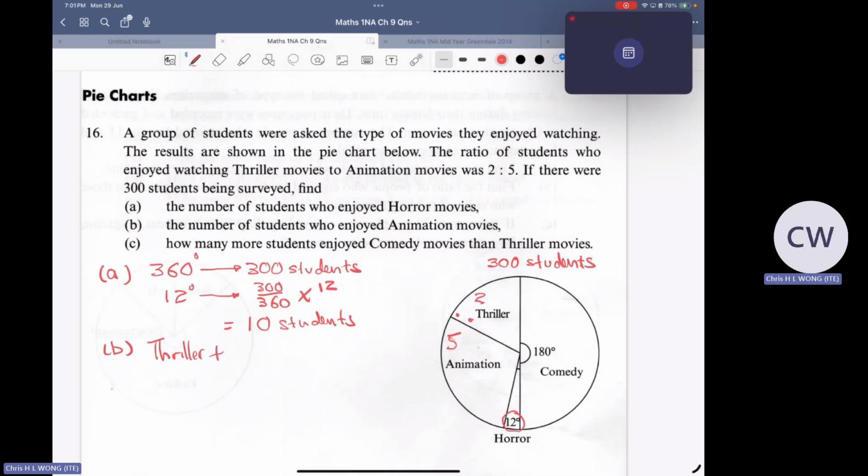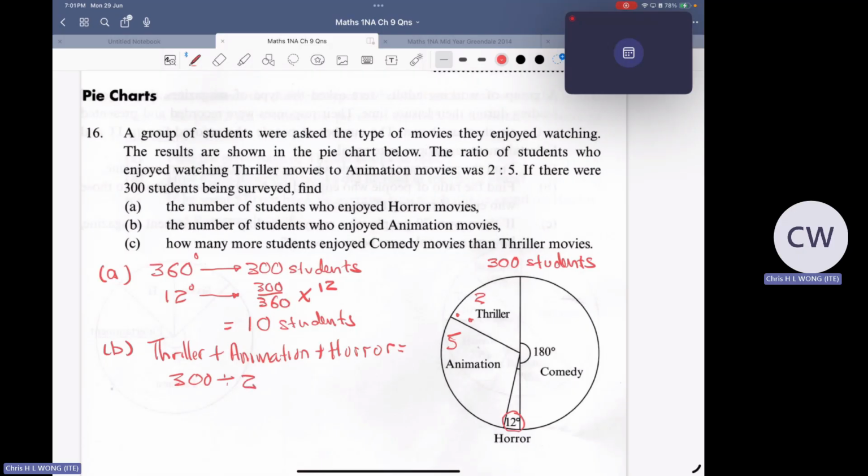Thriller plus animation plus horror. The total number of students will be equal to 300 divided by 2.